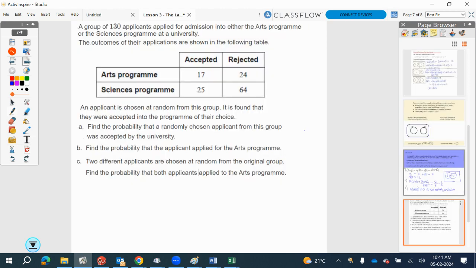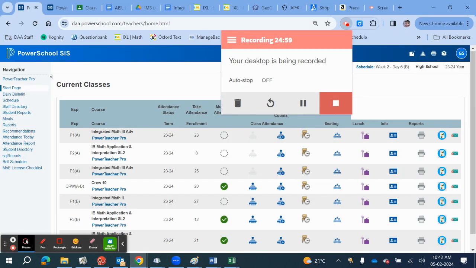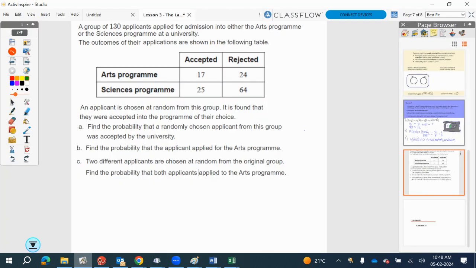Okay, exam style question. Last one then. We've got 130 applicants for either the art or the science program. Some get accepted. An applicant is chosen at random from the group. Find the probability that the randomly chosen applicant was accepted.